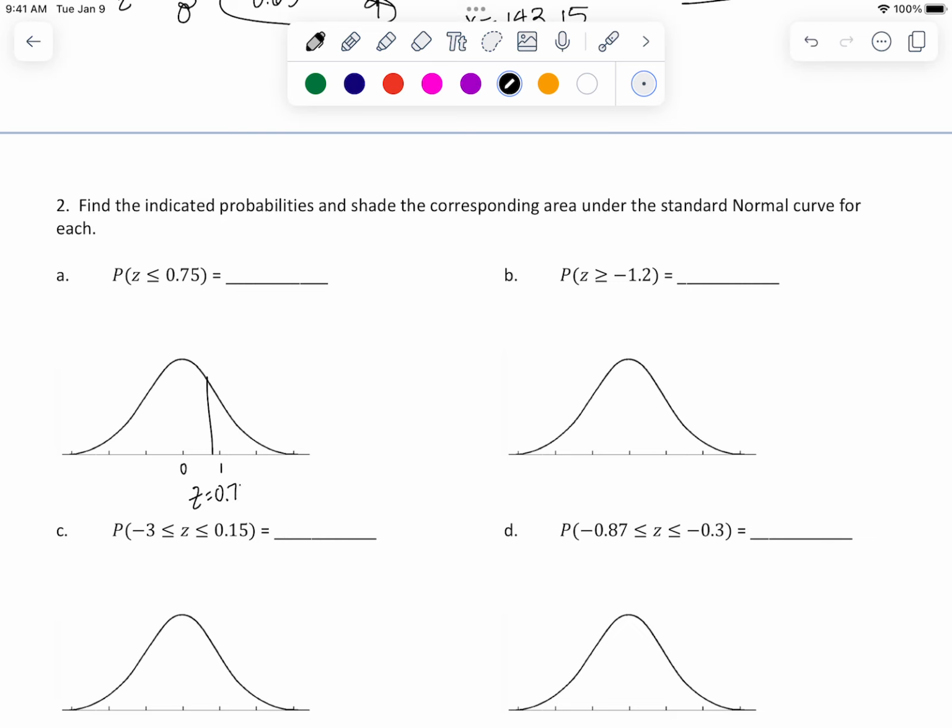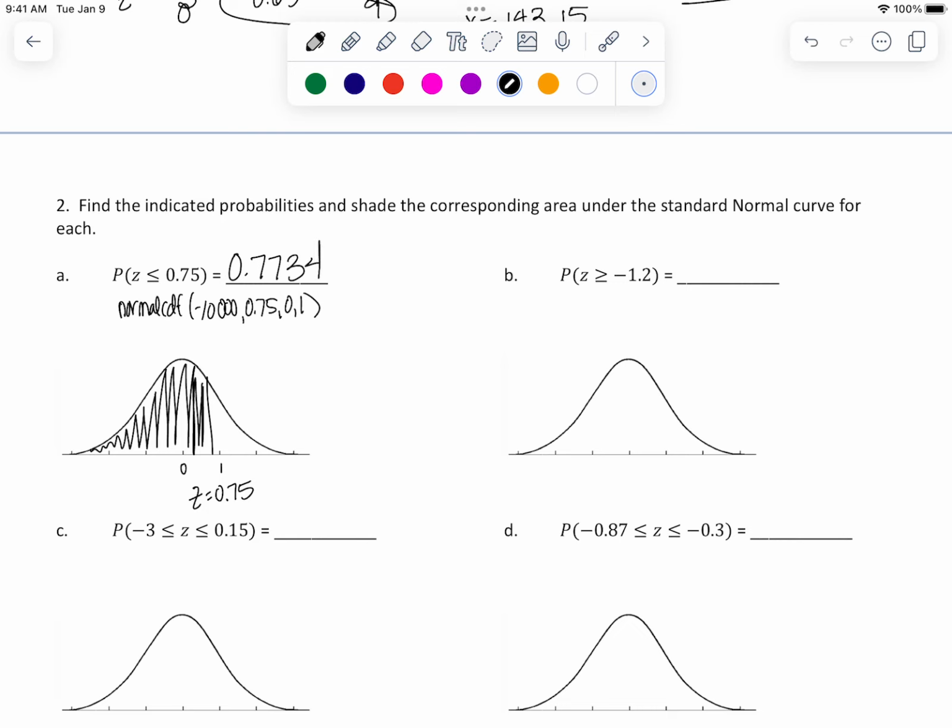Z is 0.75. And we want less than or equal to, so we're shading to the left. And for this, we'll do normal CDF, negative 10,000, 0.75, 0, 1, and we end up getting 0.7734.